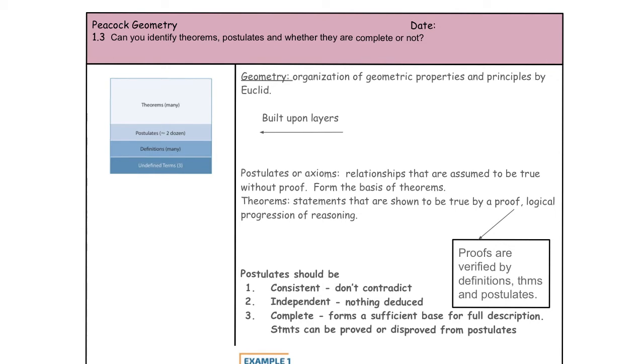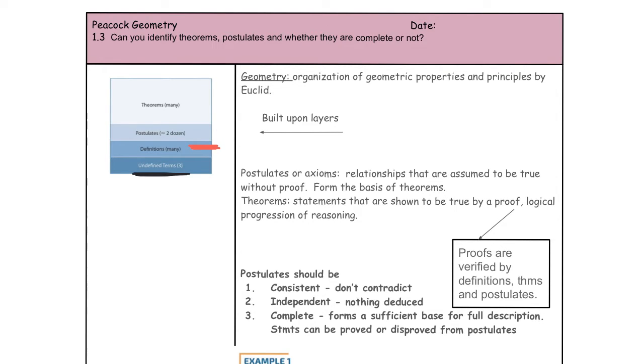So geometry is built upon layers. At the base, you have those three undefined terms we talked about in 1-2: point, line, and plane. Upon those three terms, we build many definitions. Begin to get familiar with these definitions and begin to speak the language of geometry.